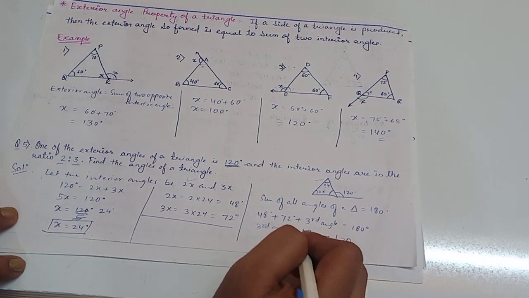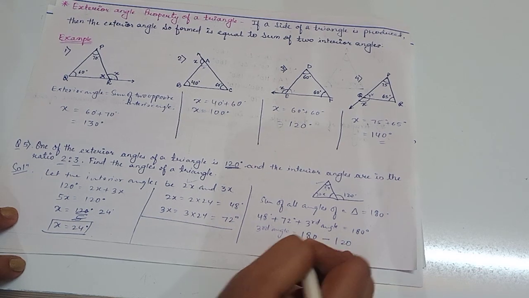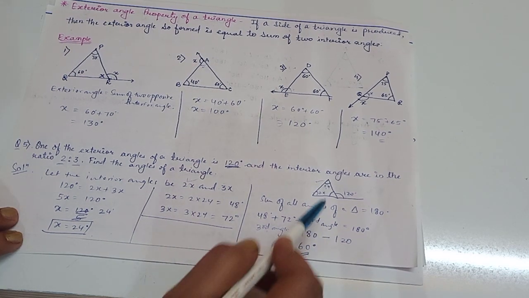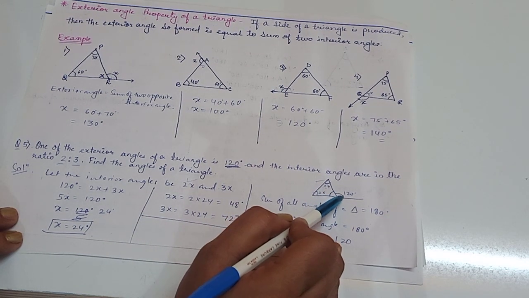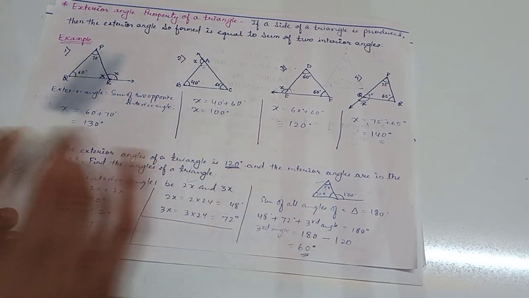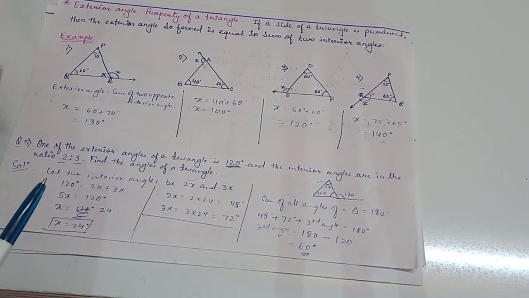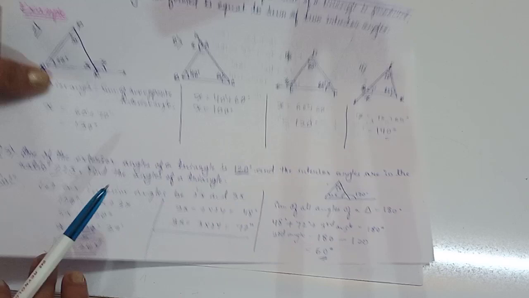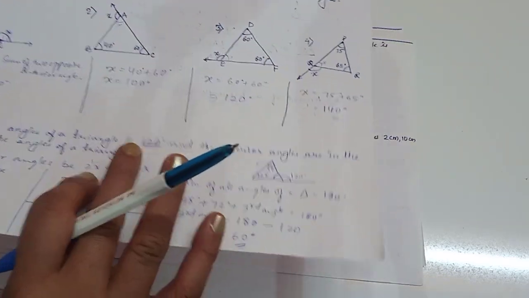So finally we are getting 60 degrees. So here we are getting the third angle as 60 degrees. We can either do it like this, or 180 minus 120, as it's a linear pair. So 180 minus 120 will give us 60 degrees. We can follow that method also. So in this way we can get the solution for this particular sum.